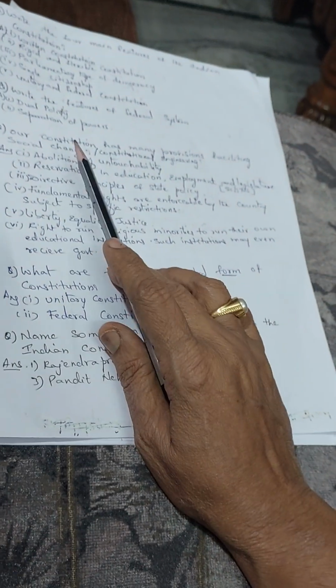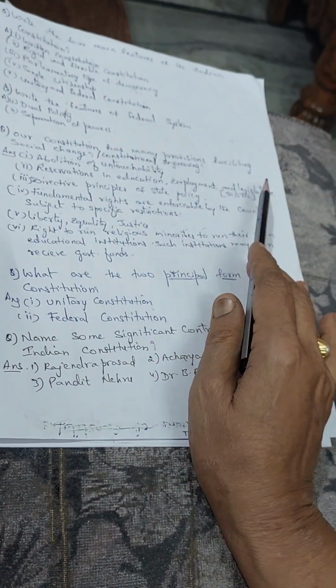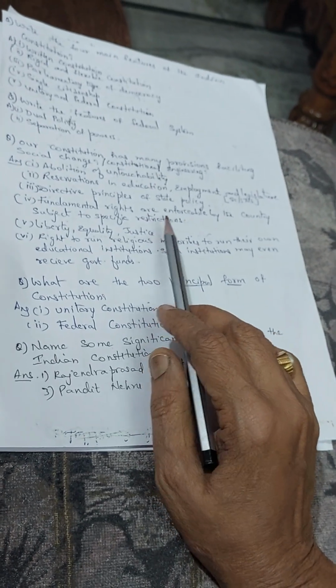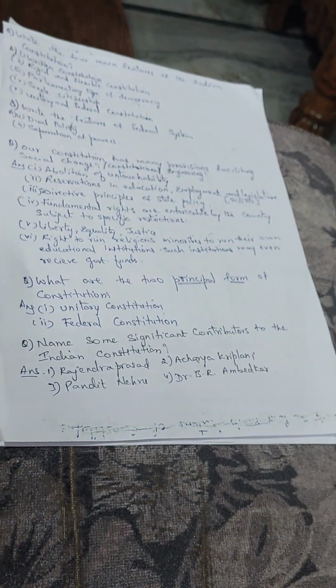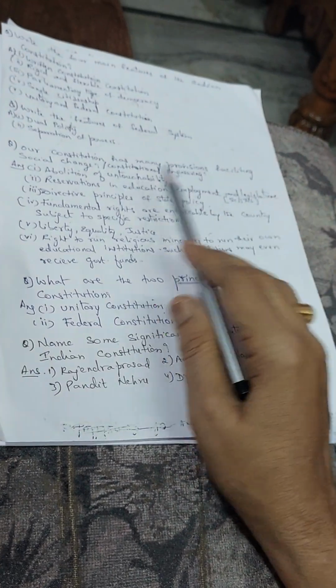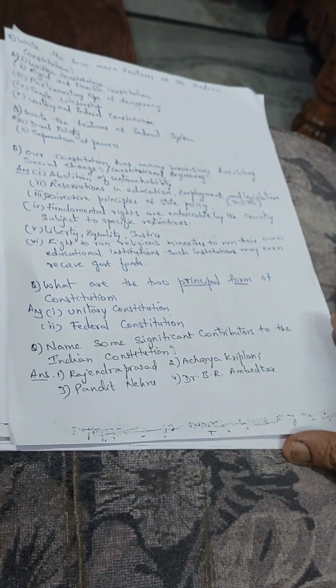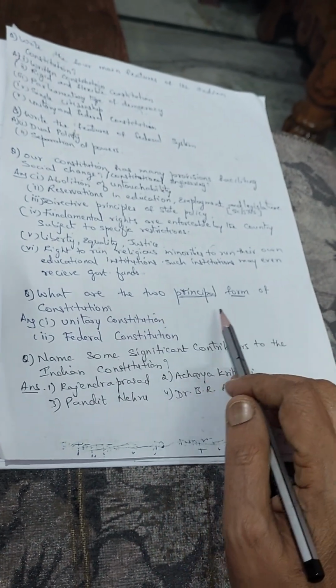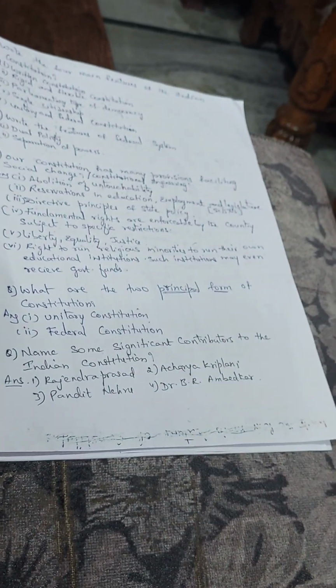That was about rights. Our constitution has many provisions facilitating social change in order to bring equality to all the people in society. Some provisions were given. Next we'll see what are the two principal forms of constitution.